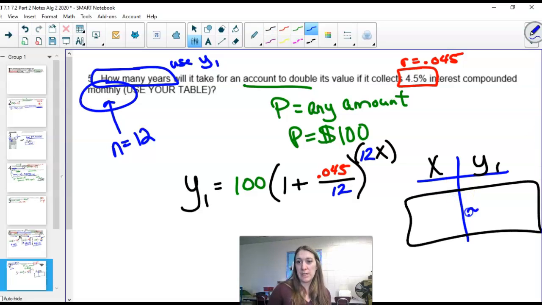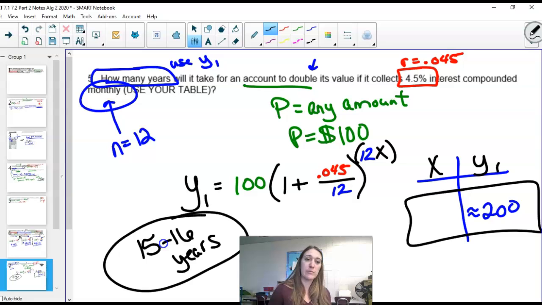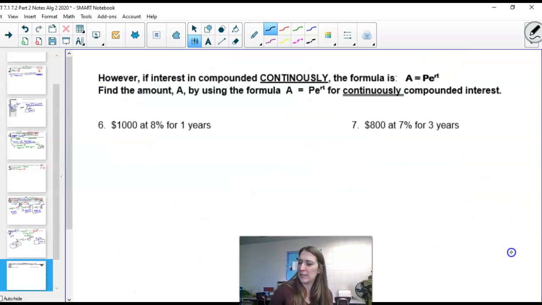So I had to look for my money here to hit about $200 because it wanted it to double. Okay? So if you invested $1,000, you'd be looking for $2,000. And either way, we got an answer of about 15 to 16 years. Kind of smack dab in the middle, if I believe.